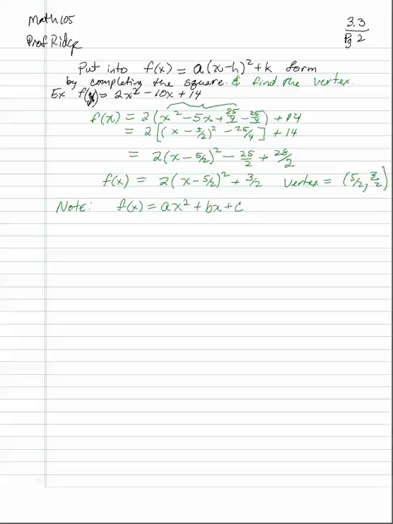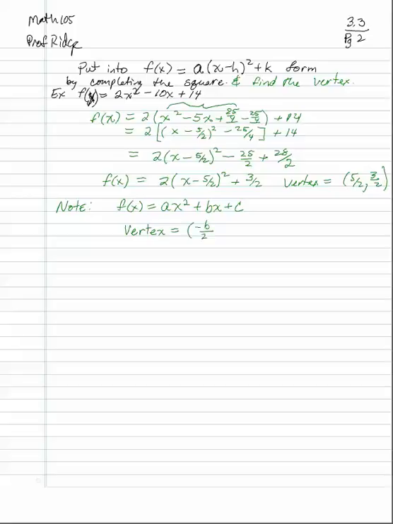Now there's a shortcut to find the vertex if it's in this form. It's kind of like what we did with the quadratic formula. We can go through this process with a, b, c and see what the vertex ends up being.